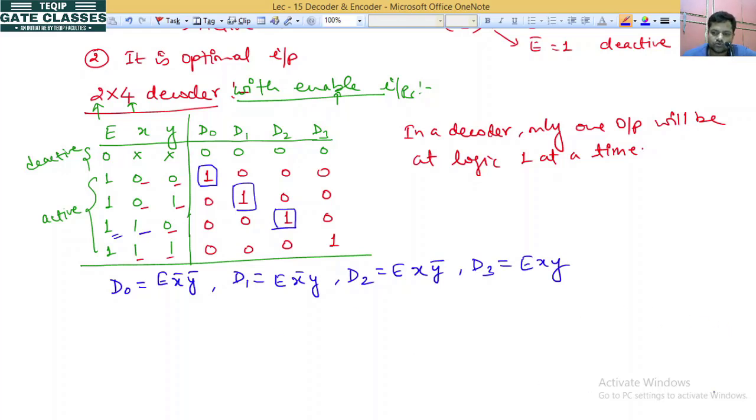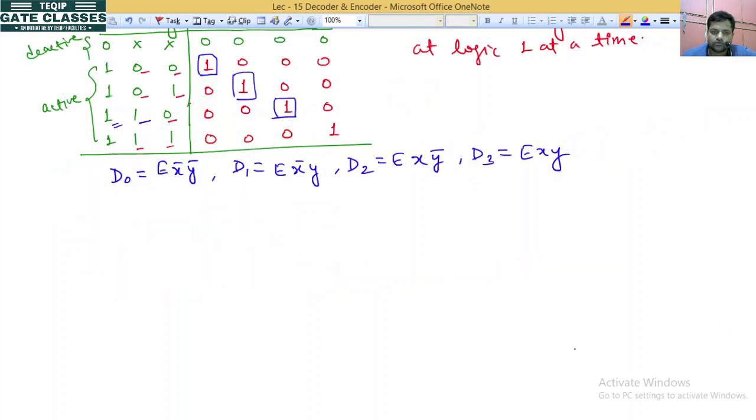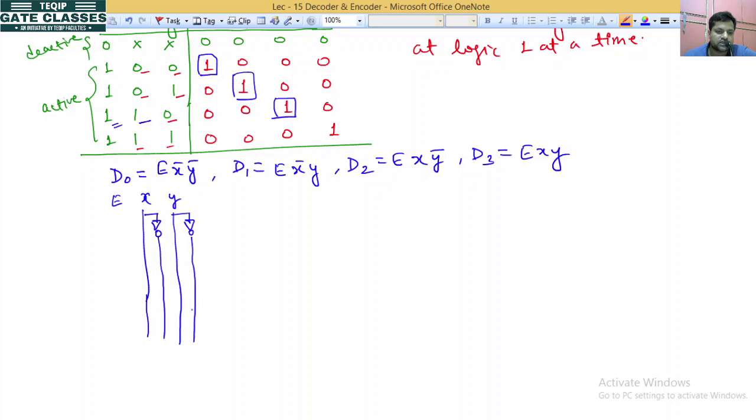So if you go to circuit design, we have E, X, Y. I have taken NOT gates for X and Y, because we have both X and X bar, and similarly Y and Y bar.